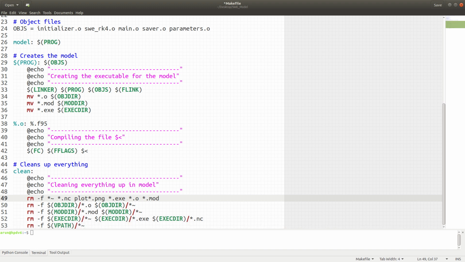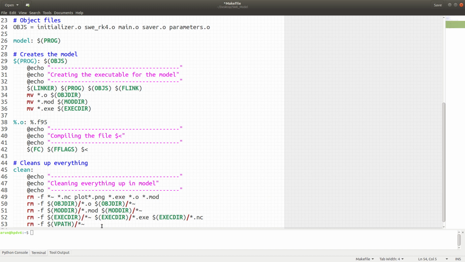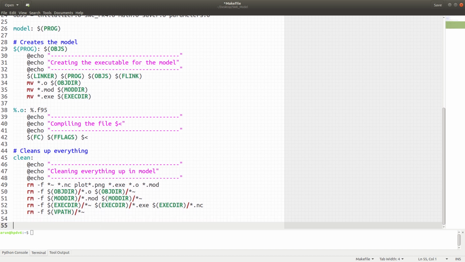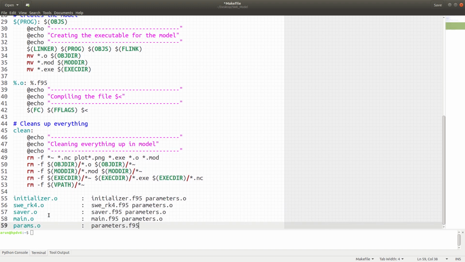All right. And then finally, to finish this makefile, we need the dependency chains. So let's write the dependency chains over here. The params module, the parameters.o file, needs the file parameters.f95.